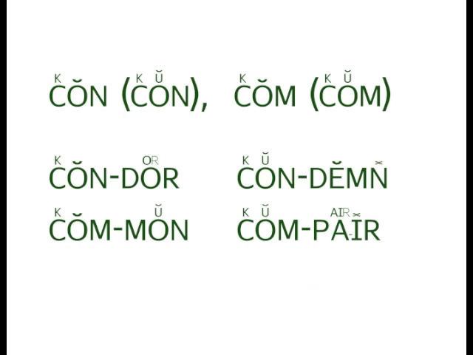If you don't know, you can try each way and see which sounds better. Also, say in your head, even if it's schwa, a slight bit of a short O sound so that you'll be easily able to remember its spelling. Condor, and when schwa'd, condemn. Common, and when schwa'd, compare.